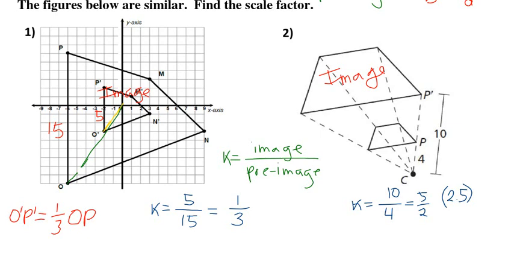You could see that the original figure was small and it got bigger, so we got an enlargement here because the scale factor is bigger than 1.